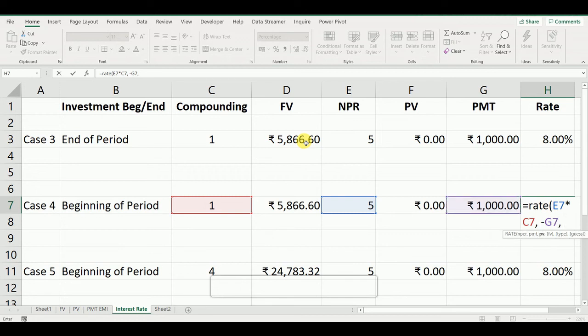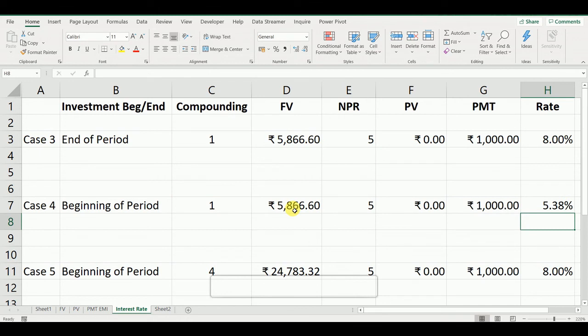Now we want to get present value. Present value is nothing, so we will leave it blank. Now future value is this one, and type is beginning of the period and close. So you can find out from beginning of the period and end of the period how much difference in the rate of interest for the same amount.